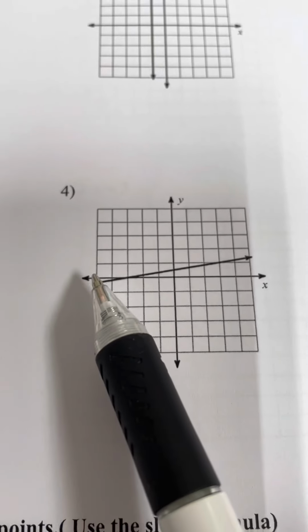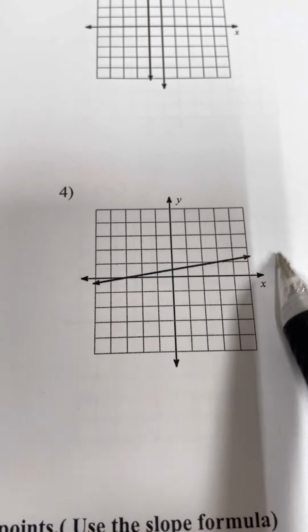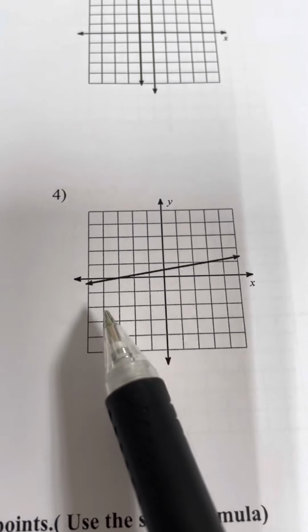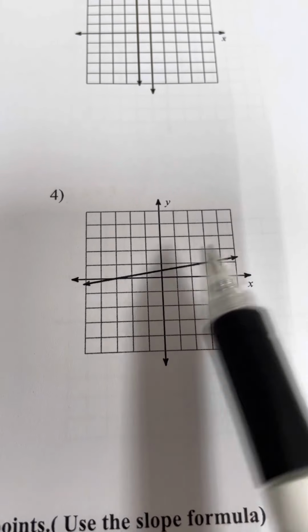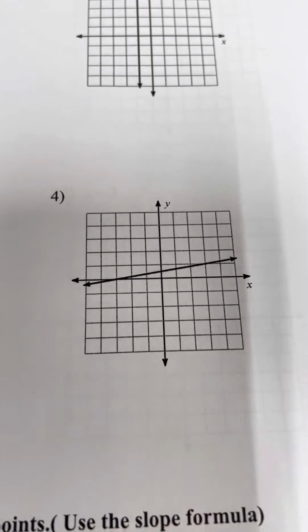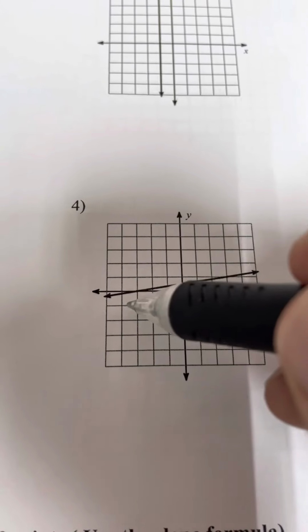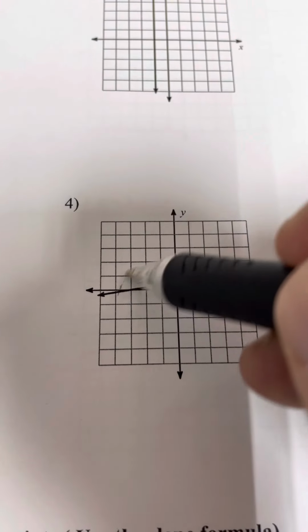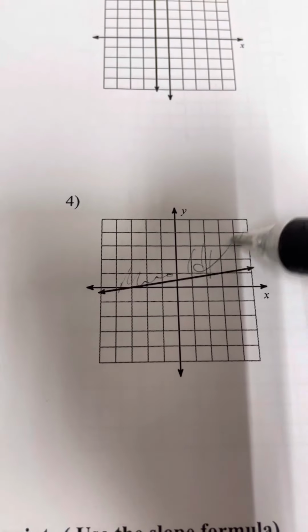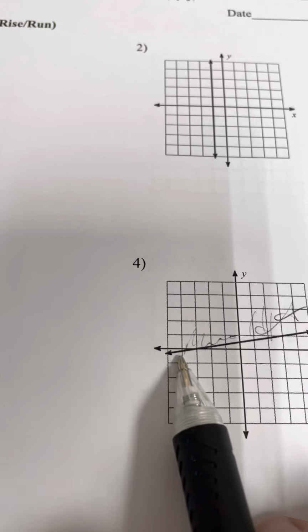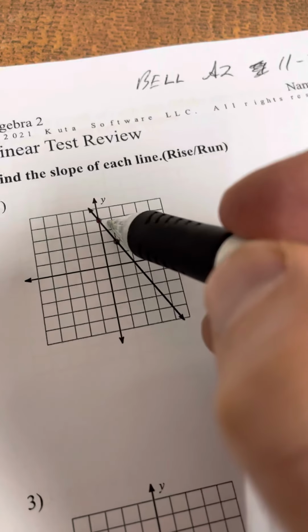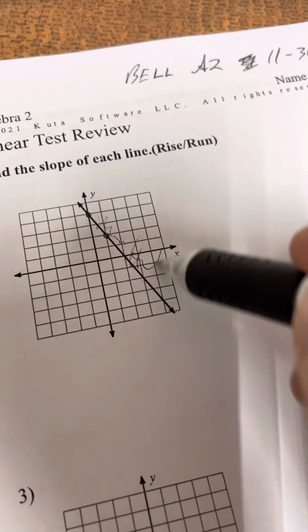This one, remember, we're always reading from left to right. So from left to right, we are going to be going up. Think of it, as you write your name, you go from left to right. I'm going up. If I was to write on this one, it's going down.